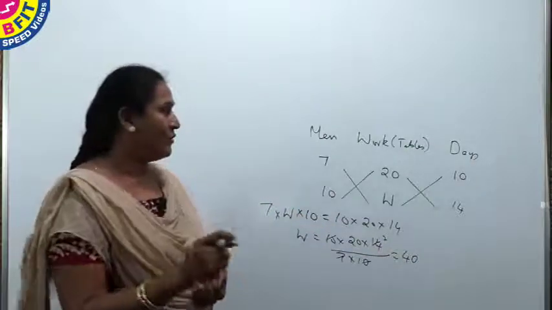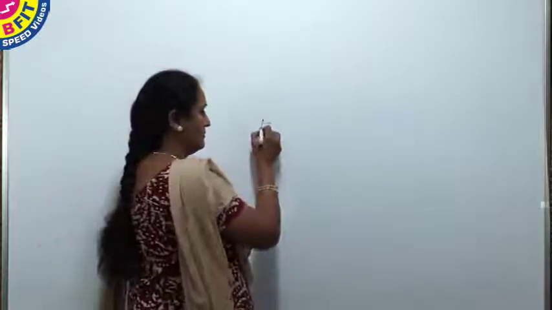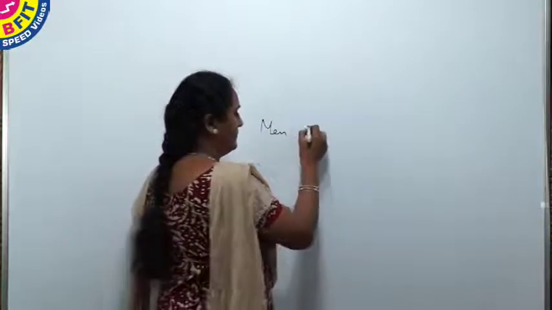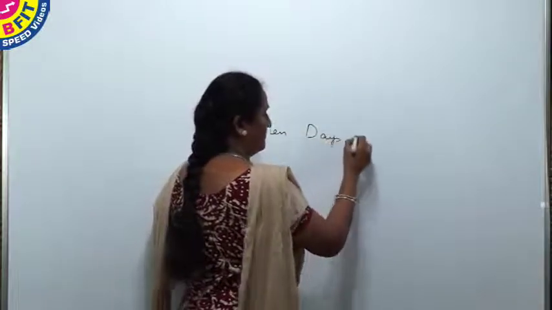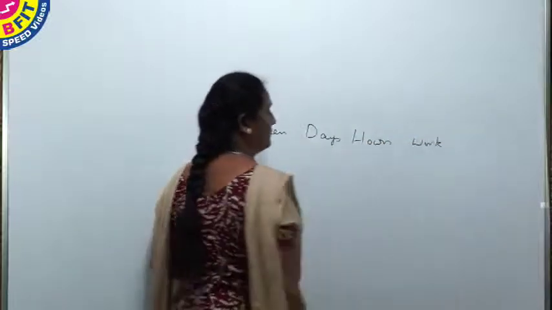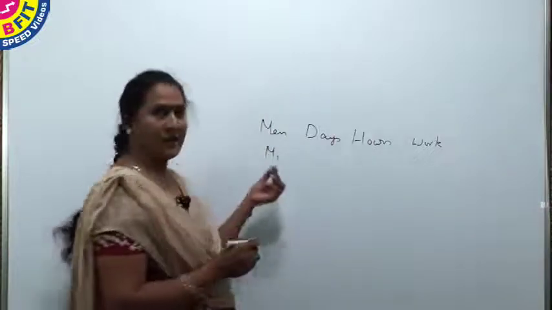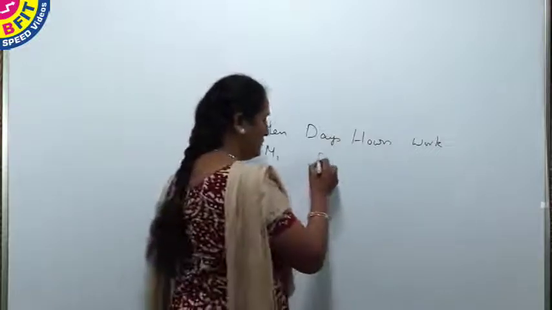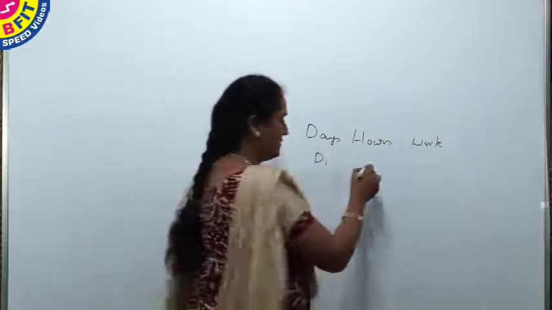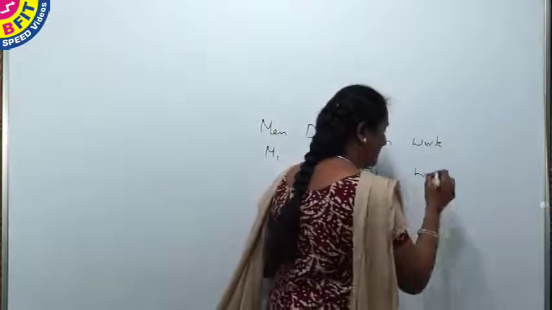So I'll give one clue how to work out any question which involves all these variables. Say you have number of variables like men, days, hours and work. So for the concept we'll take, if there are M1 men working for D1 days for H1 hours and work is W1.